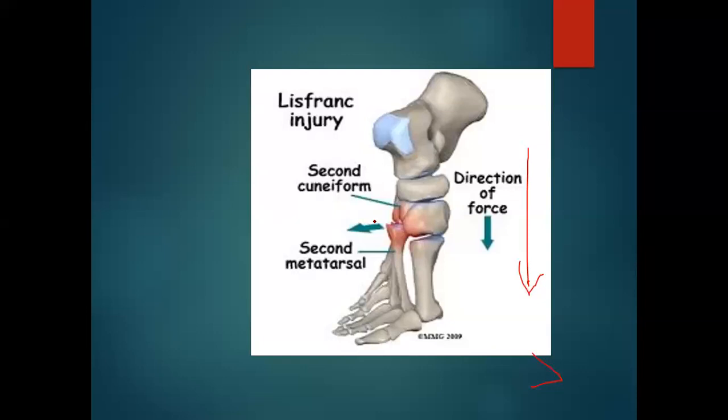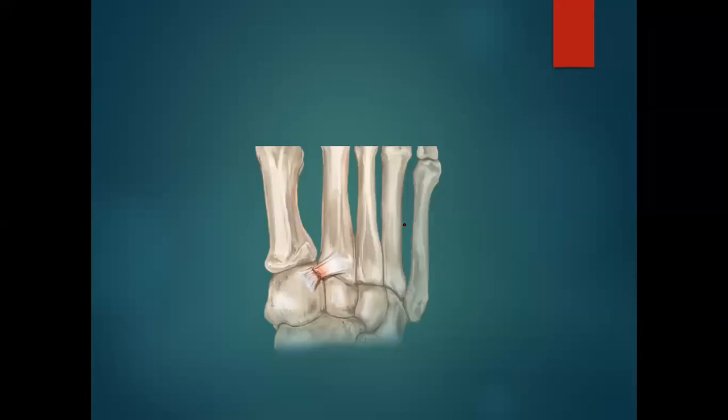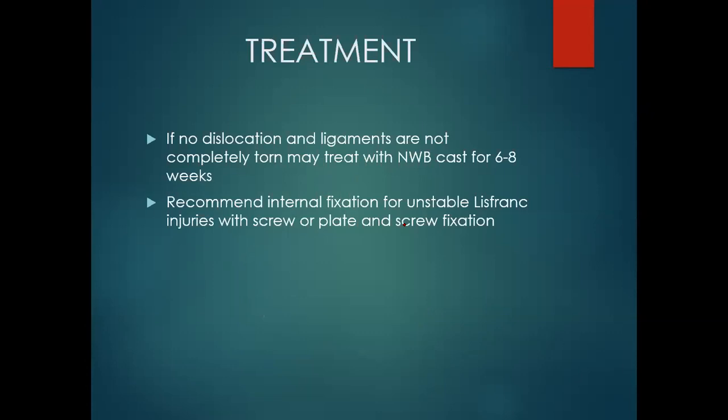And this completely dislocates or disrupts or fragments, and that ligament is torn. And we need to make sure that that gets lined back up. If there's no dislocation and ligaments are not completely torn, you may treat with a non-weight bearing cast. If there is any of those, dislocation or the ligaments are torn, then we need to send them for screw fixation.